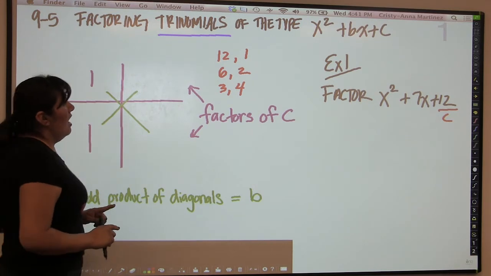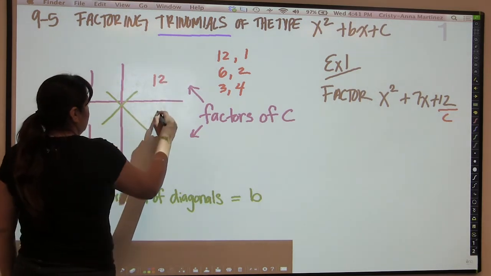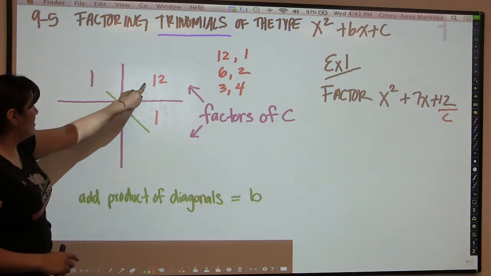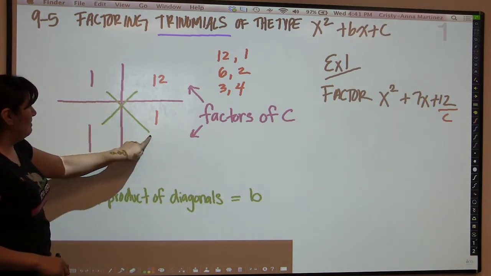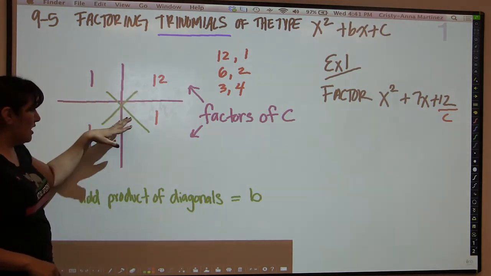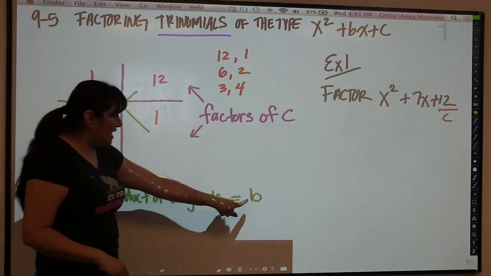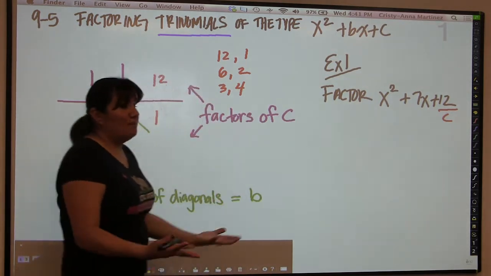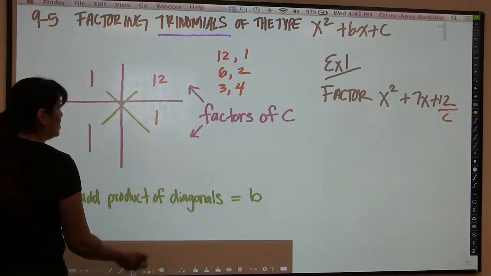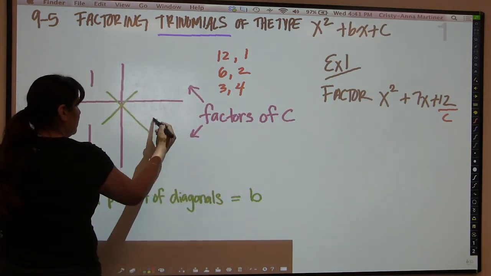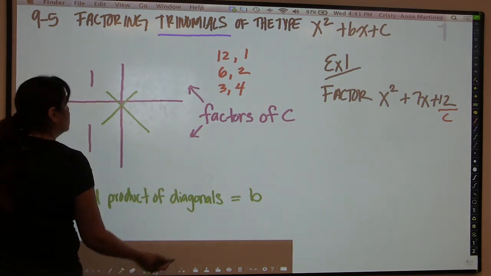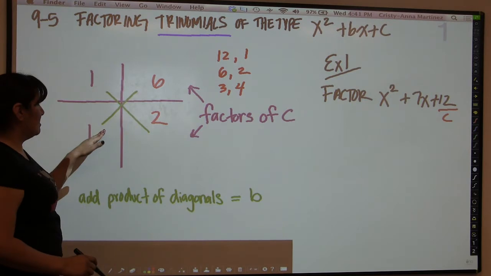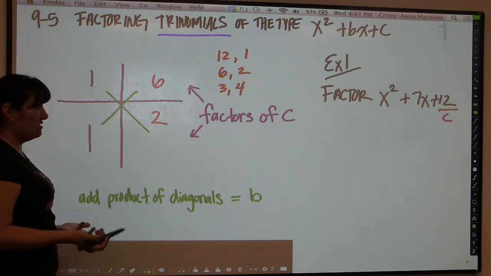So if I put 12 and 1 here, I will quickly find out that that's not the way to go, because if I multiply this diagonal, I get 12, and multiply that diagonal, I get 1, and 12 plus 1 is 13, and B is 7. My B value is 7, so it doesn't add up to 7. So that tells me not to use 12 and 1, and then I can try to use 6 and 2, but same problem, 6 plus 2 is 8, not 7.